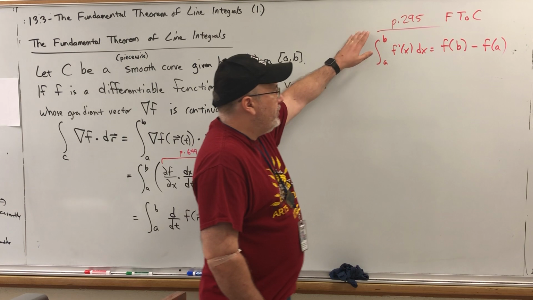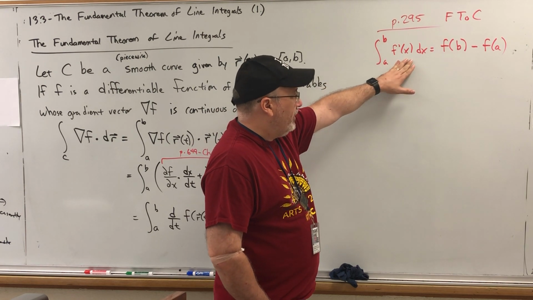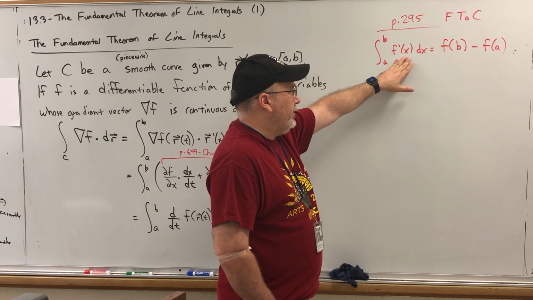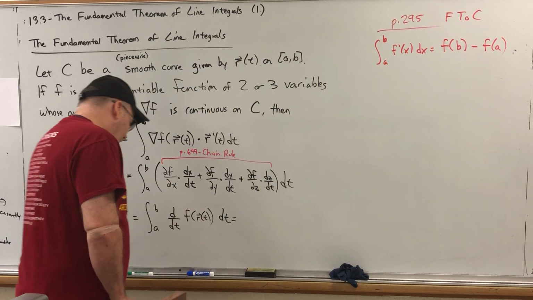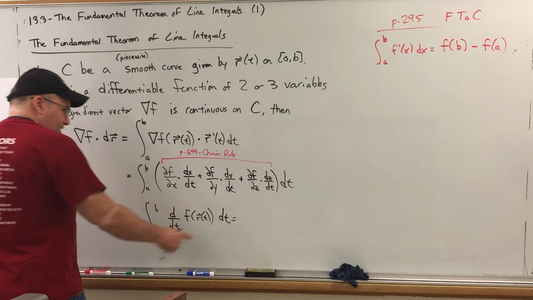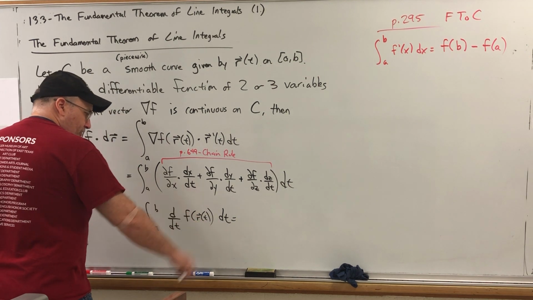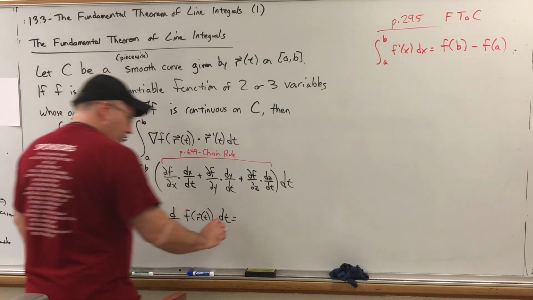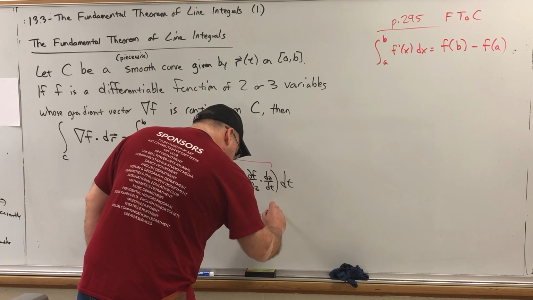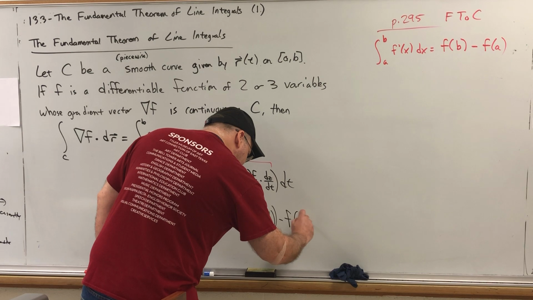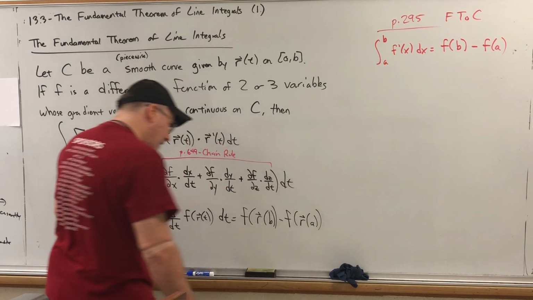Well, the Fundamental Theorem of Calculus says that when the derivative of a scalar function is the integrand and gets integrated, you just get back the original function. So in other words, the integral of the derivative is the original function, and we just evaluate it at the limits of integration. So f of r of b minus f of r of a.